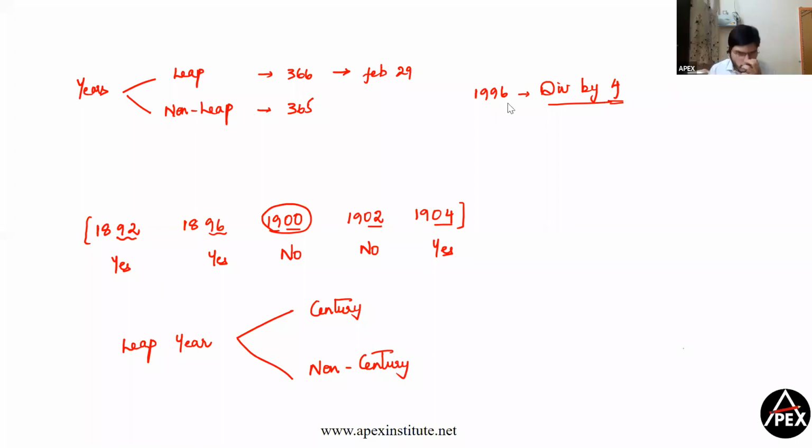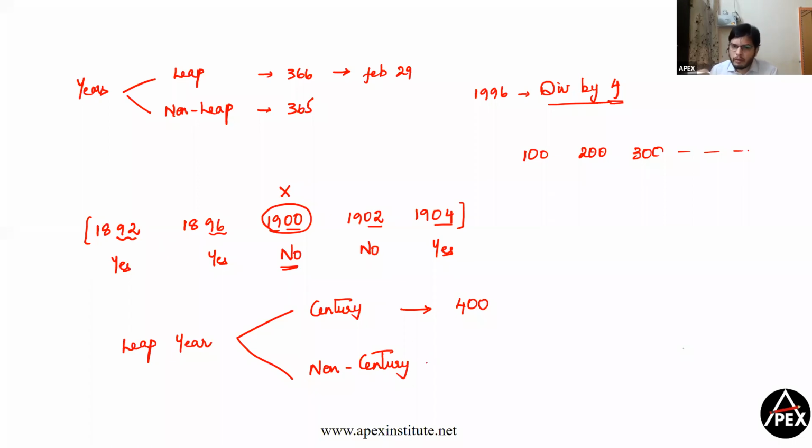Multiples of 100: 100, 200, 300, and so on. These are called century years. For a century year to be a leap year, it has to be divisible by 400, not 4. So, is 1900 divisible by 400? No. So 1900 is not a leap year.